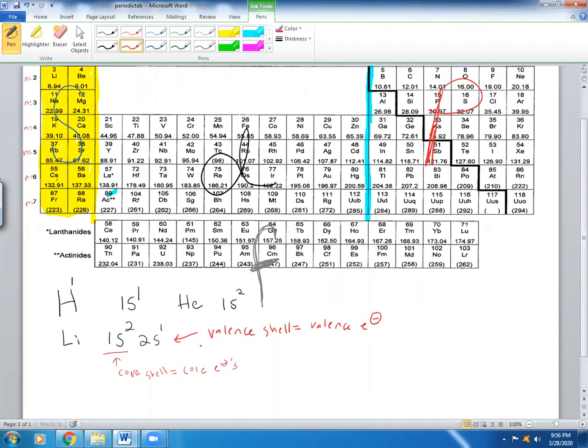And this one obviously has 2 core electrons, here they are, 2. And this one has 1. So you have 1 valence electron. So valence is on the outermost.